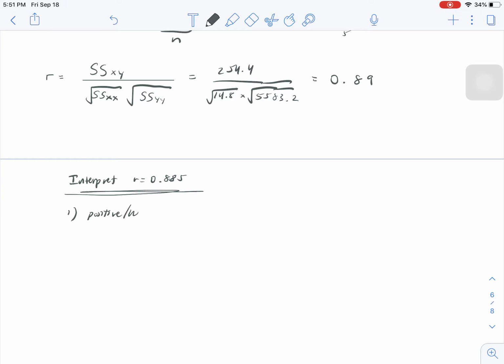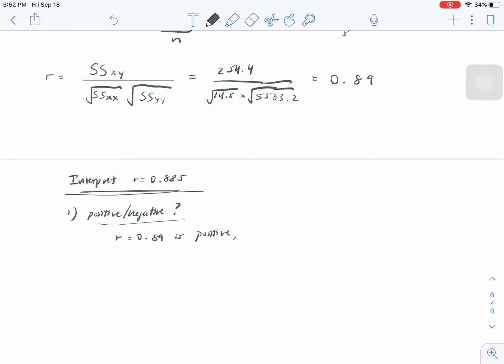And here, r equals 0.89 is positive. So there's a positive association between our x and y variable.